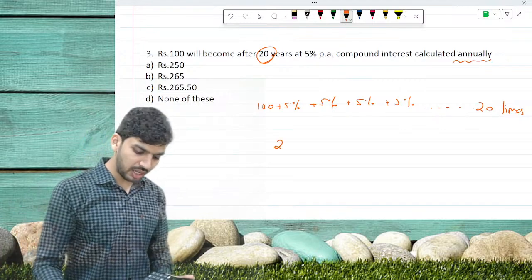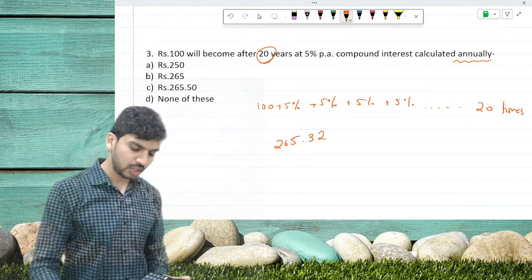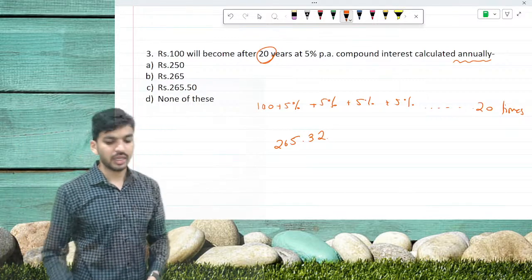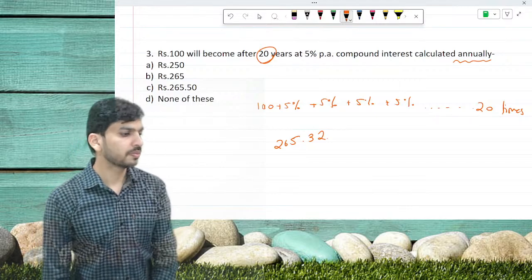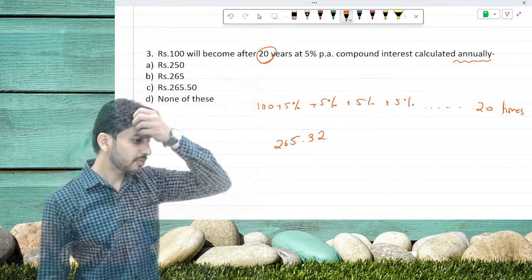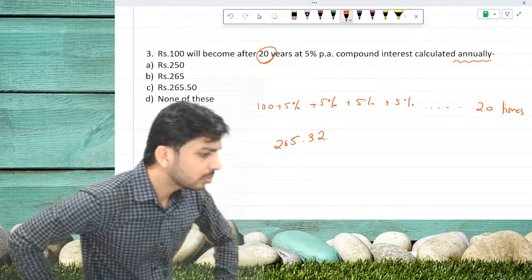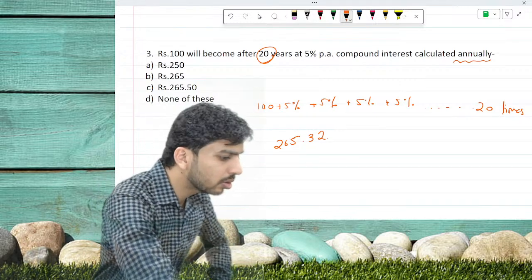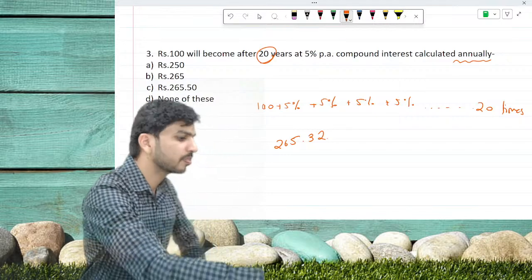It comes out to be 265.32, isn't it? 265.32. Thank you Sanika, thank you so much.